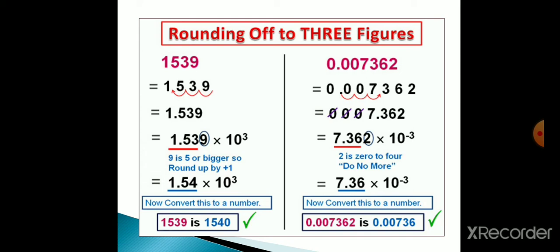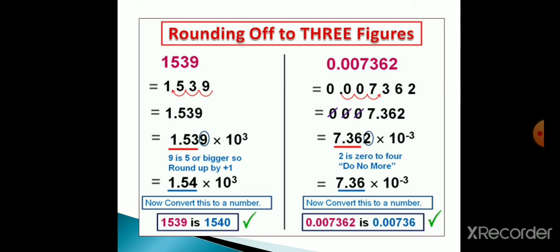If it is rounded off to 3 significant figures, the number dropped is 9, which is greater than 5. So we have to add 1 to the previous digit 3. So the number becomes 1.54 times 10 raised to 3. Remember that 10 raised to 3 is insignificant in calculating the total number of significant figures.